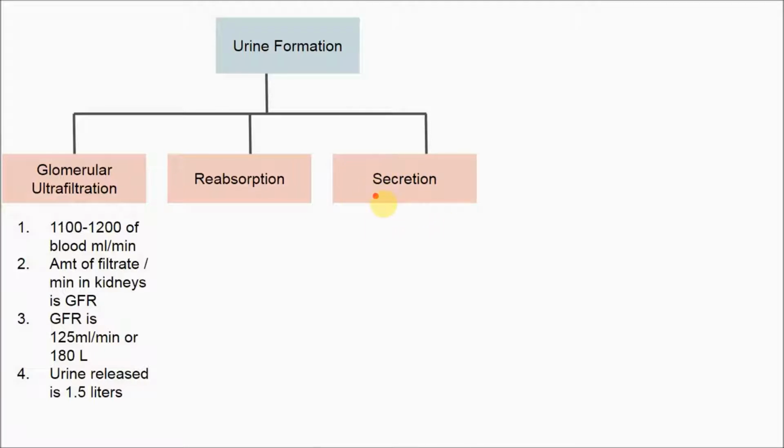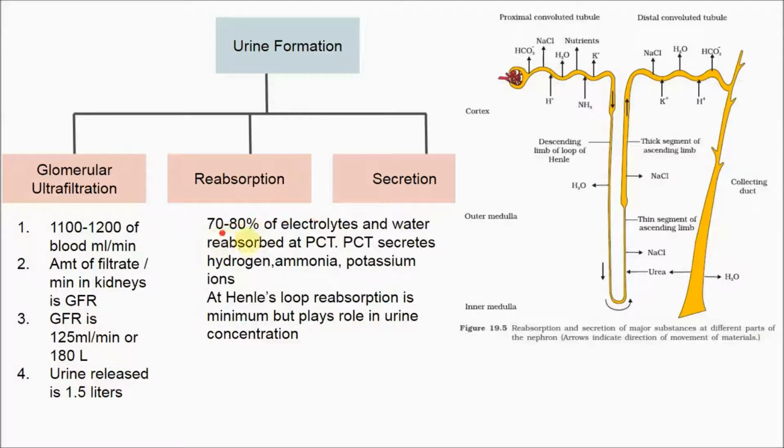That is, the movement of molecules or the substances will be from a blood vessel, that is the vasa recta, towards the renal tubules of nephron. So around 70 to 80% of the electrolytes, that is the sodium, chlorine, and water, are actually reabsorbed at the proximal convoluted tubule, which can be seen in this particular diagram, right?